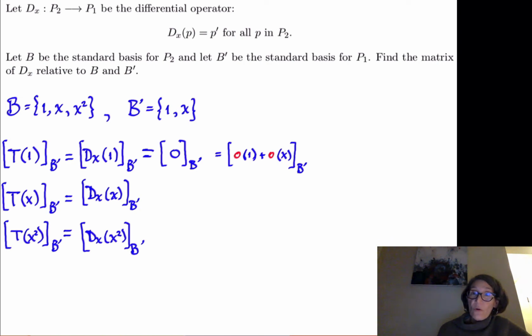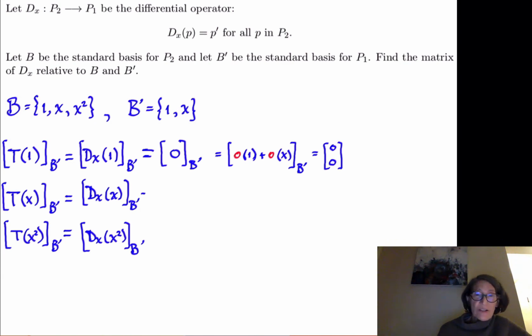And then the coordinate vector relative to B prime of that polynomial is just the vector where the components are just the coefficients in that linear combination. So that coordinate vector relative to B prime of the polynomial 0 is the vector 0, 0 in R2.